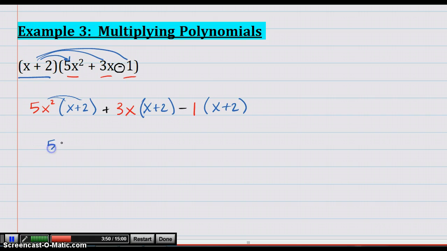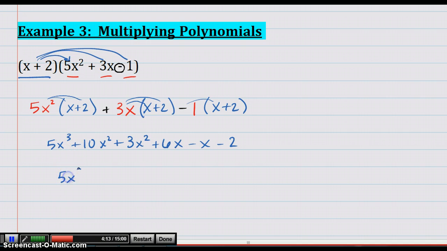So when we distribute, we have 5x cubed plus 10x squared, plus, now distribute this 3x through, 3x squared plus 6x, and distribute the negative 1. Don't forget to distribute that negative. So we'd have negative x minus 2. The last step is to add like terms. This is our only cube term.